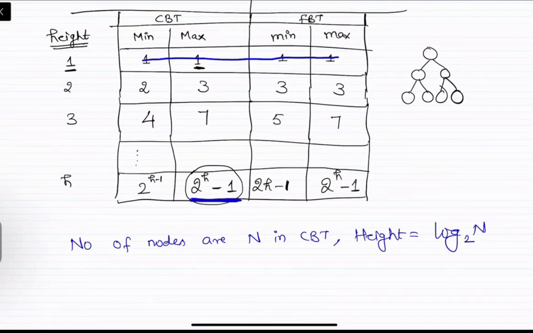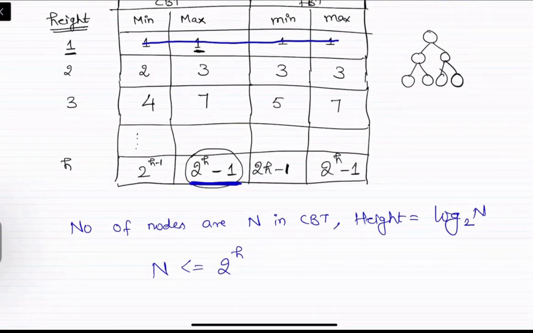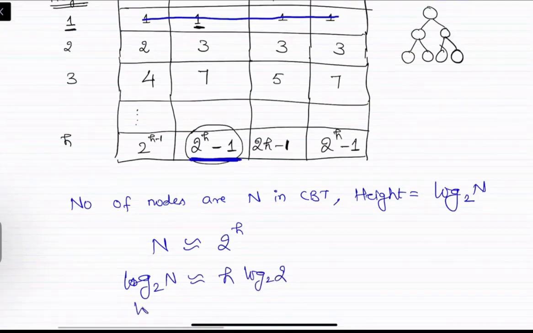Then if nodes are given, if maximum number of nodes is roughly 2 power h, then take log base 2 of n, which is equal to h log base 2 of 2. Then height is nearly log n.